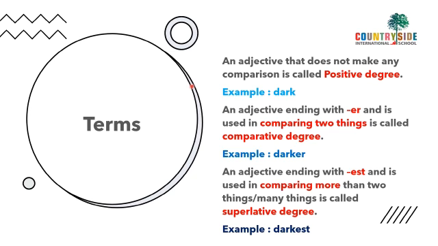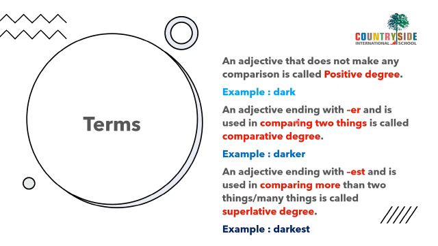Now, in conclusion, what can we say? An adjective that does not make any comparison is called positive degree. The first word, when you don't add anything to it. For example, dark. We don't add anything to it. That adjective is called a positive degree.